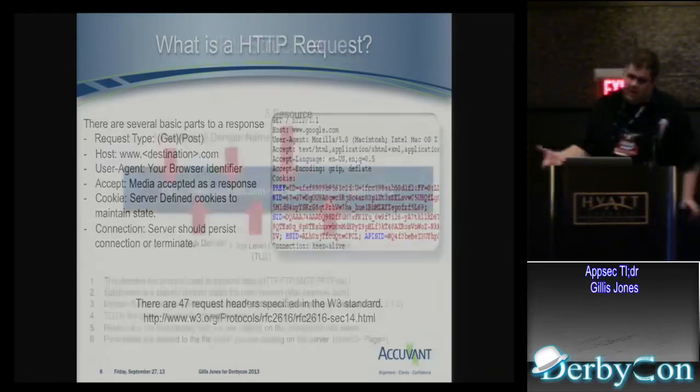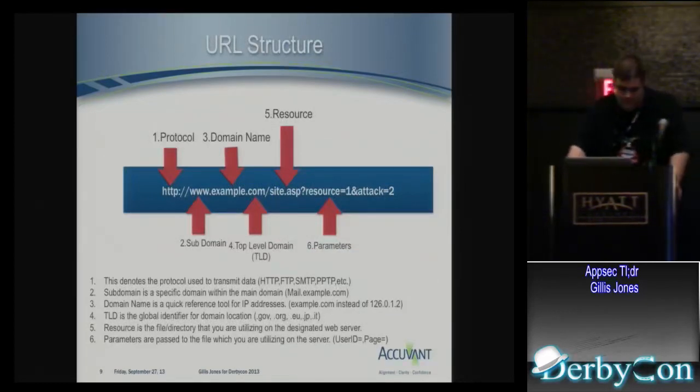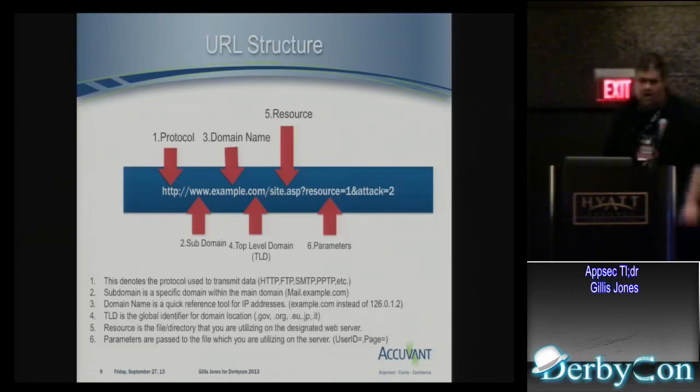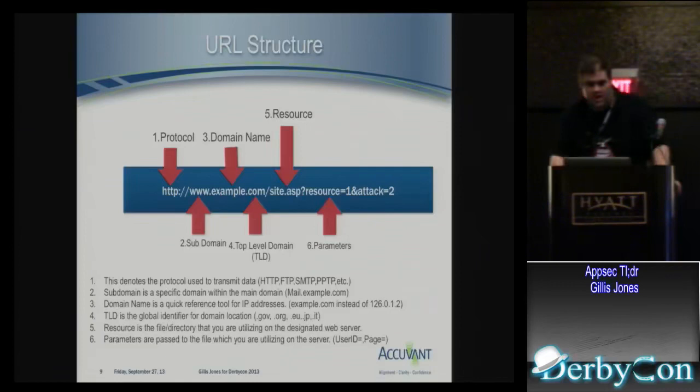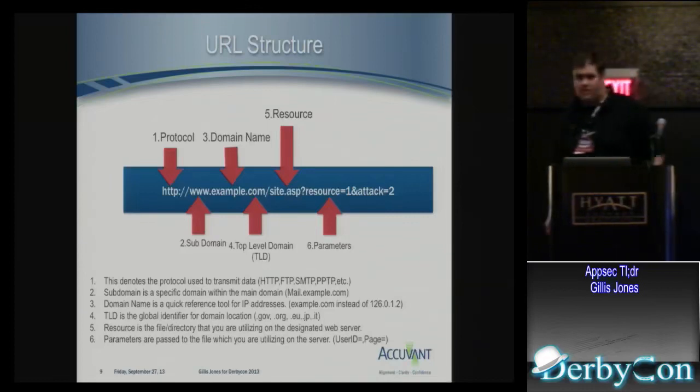Now, there are a couple different parts to a URL. Essentially, you have the protocol, which you can change to FTP, TFTP, whatever you want, as well as your subdomain, domain name, the TLD, as well as any parameters which are actually being passed to the server.